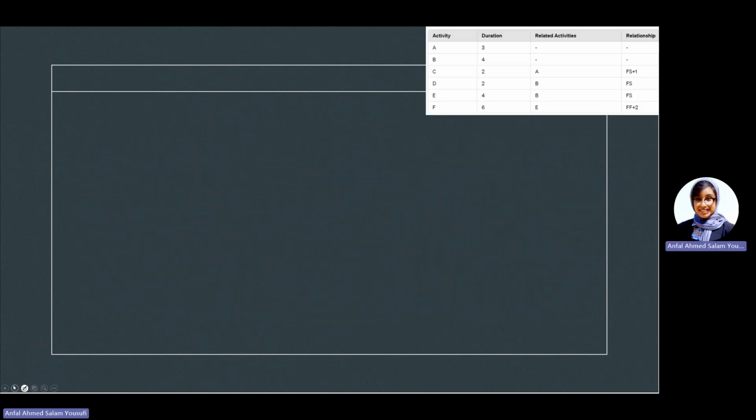So in here, let's draw our PDM. Okay, so here will be my start. So we have A, B with no relation, meaning that you're supposed to go from start to these two activities.